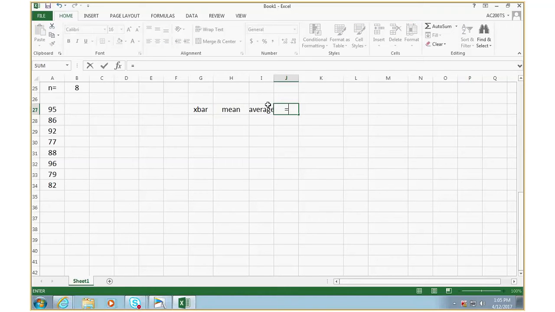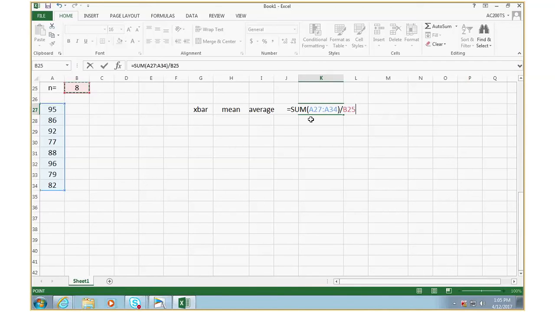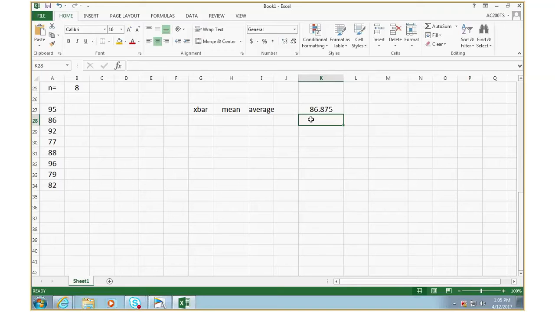All three of those are going to be equal to the summation of all these numbers divided by what? See, y'all know how to do it. There's your average. Don't forget to put these in order.